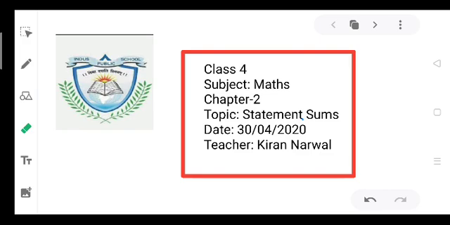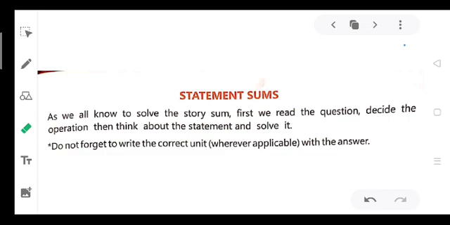Today we are going to start statement sums from chapter 2, exercise 2C. Statement sums. First of all, what we have to do in this? See, instructions are written here. As we all know, to solve the story sums, first we read the question.